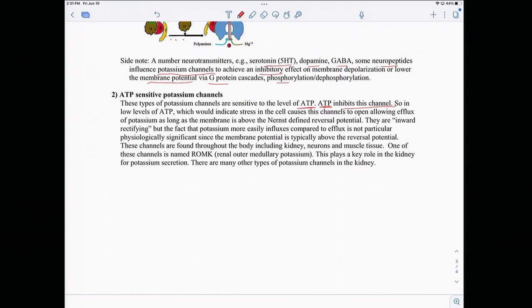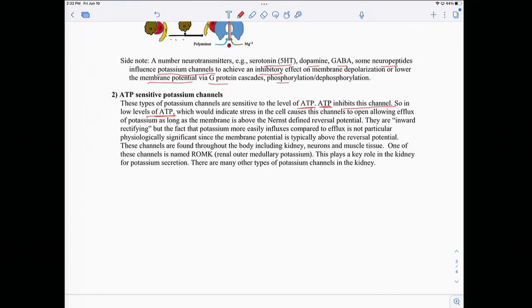What that also means is that if I have an environment where I have abnormally low ATP, which many times would indicate a cell that is stressed because of lack of oxygen or some other reason, then the ATP goes down. That is going to cause these potassium channels to begin to open, and when they open, you're going to have potassium effluxing out of the cell, which is going to cause the cell membrane to be more negative.